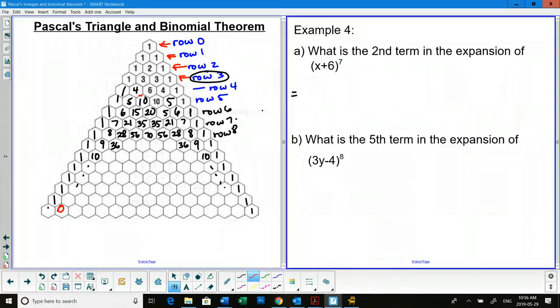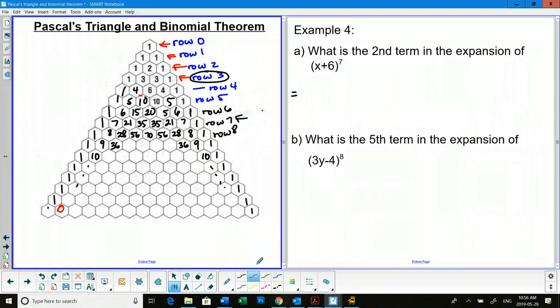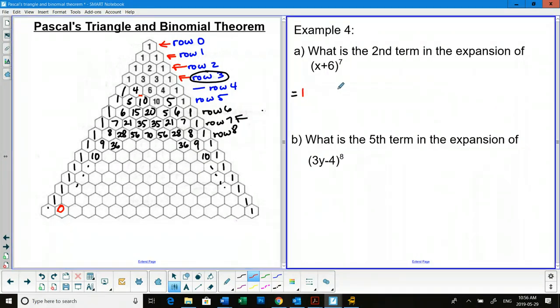So I'm going to look over here at the row with the counting number 7. If you want, you can write out all of the coefficients, but we're just going to focus in on one because I'm interested in just the second term. If we were doing the whole expansion, those are the values of the coefficients that we'd be focusing in on.